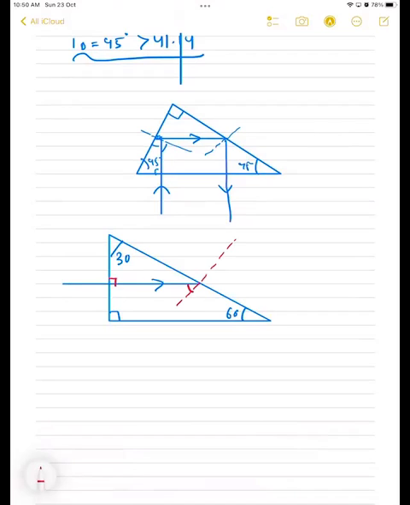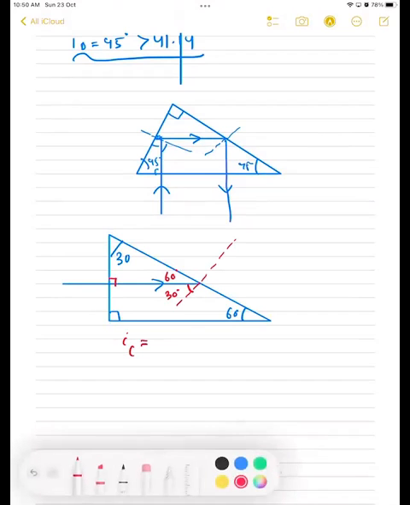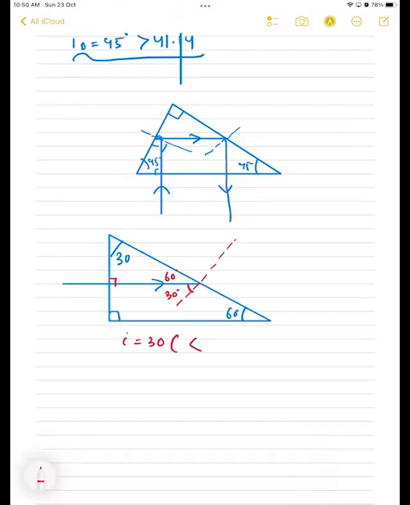If this is 30, this angle is 60 degree, na students? So this angle is 30 degree. So angle of incidence is how much? 30 degree, which is less than 41 degree. So it will reflect or refract? Definitely it will refract, away from the normal, it will go like this. Understood or not?